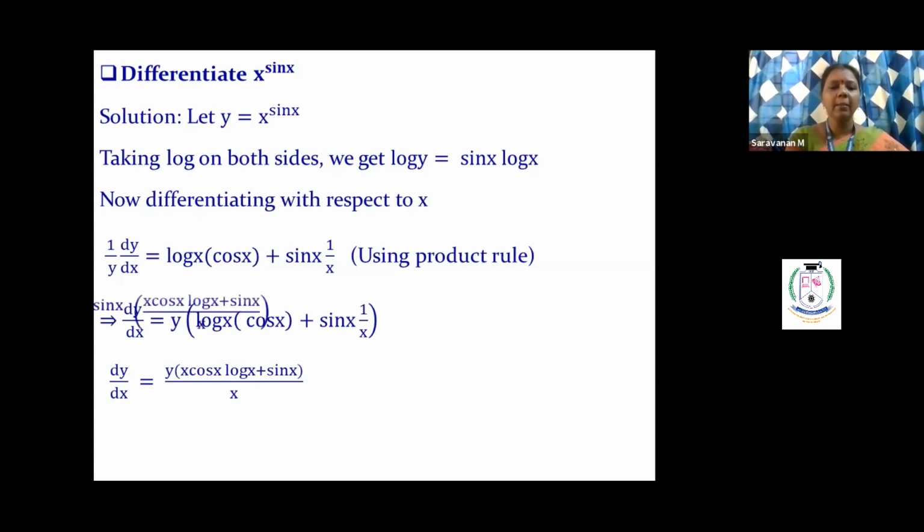Then simplifying, we replace y with x power sin x. So dy by dx is equal to x power sin x into x cos x log x plus sin x divided by x. This is the way we have to differentiate if the function is not in an easy form. Apply log and then proceed easily. You can apply product rule or division rule, whichever is applicable.